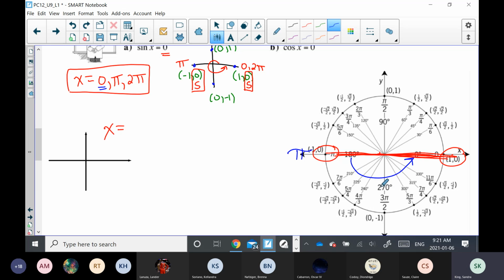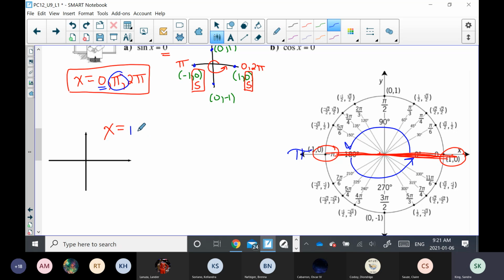If this is pi, to get to 2 pi, I'd be adding pi radians. And then to get back over to here, because this is another solution, I'd be adding pi again. So if ever you have two solutions that make a straight line, you're going to take the pi, and to this, you're not going to add anything.